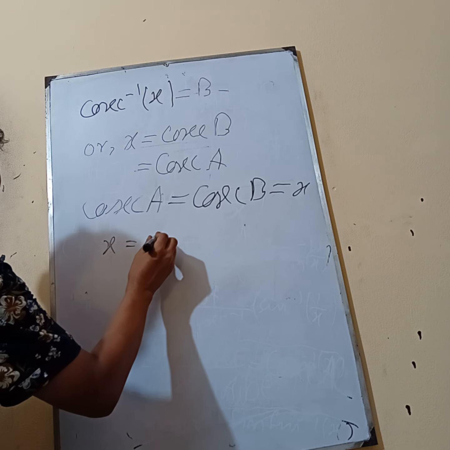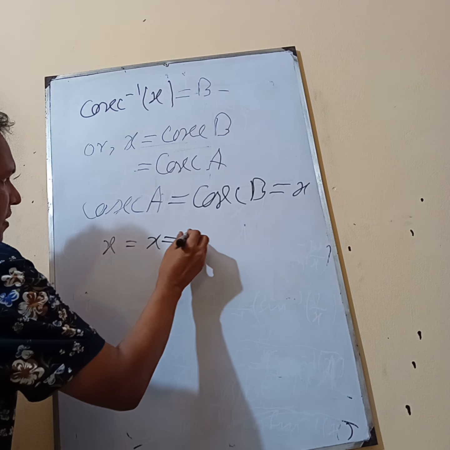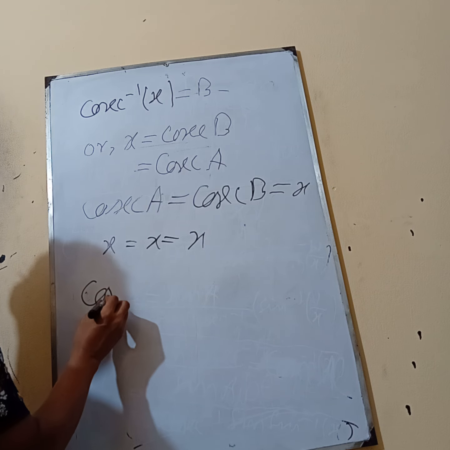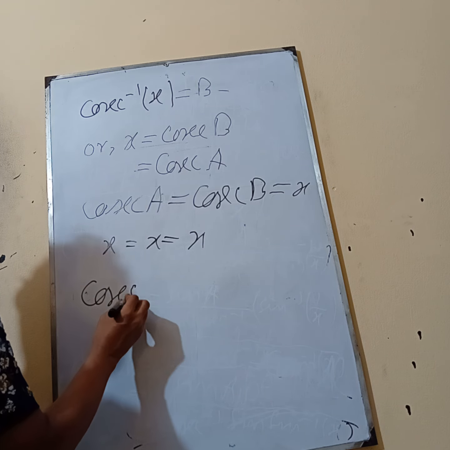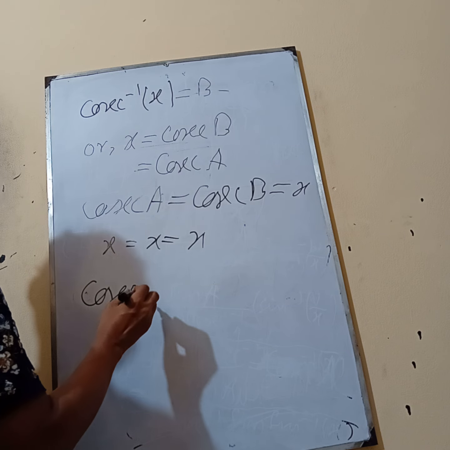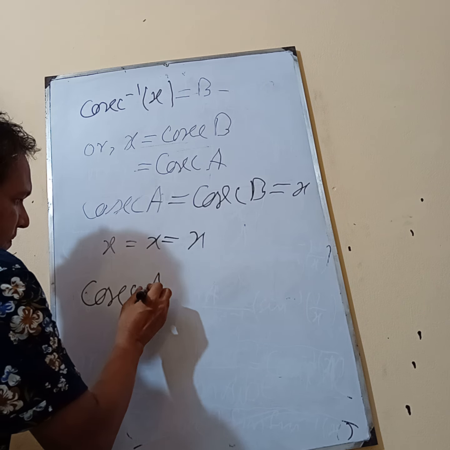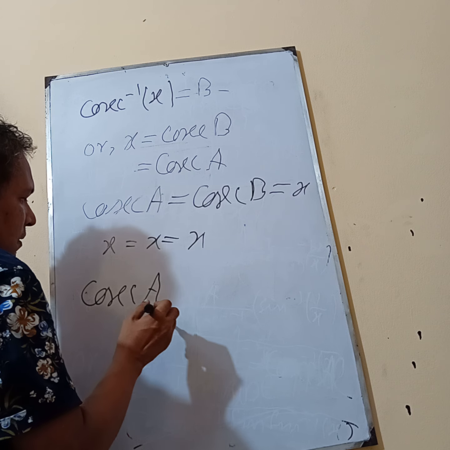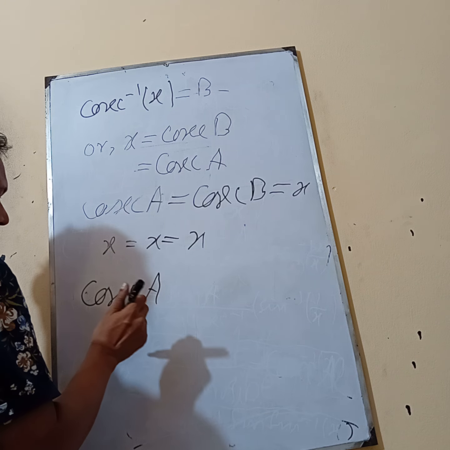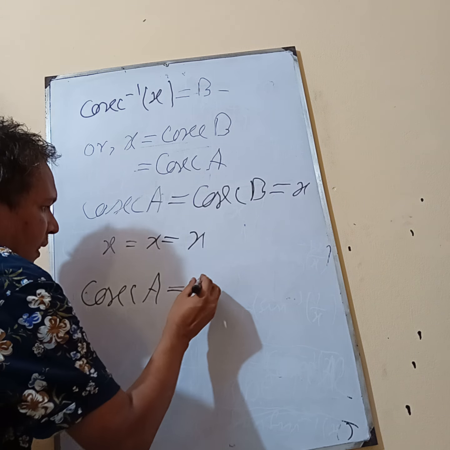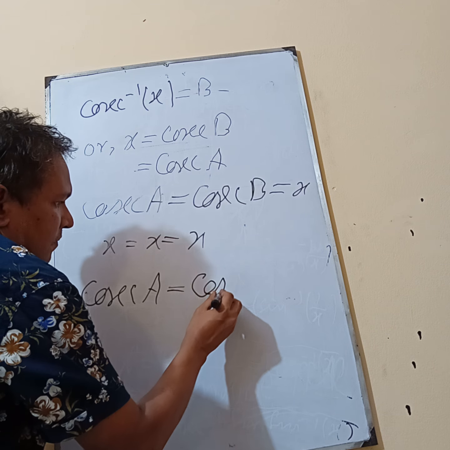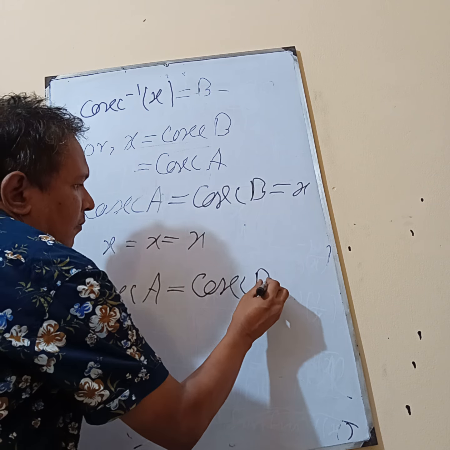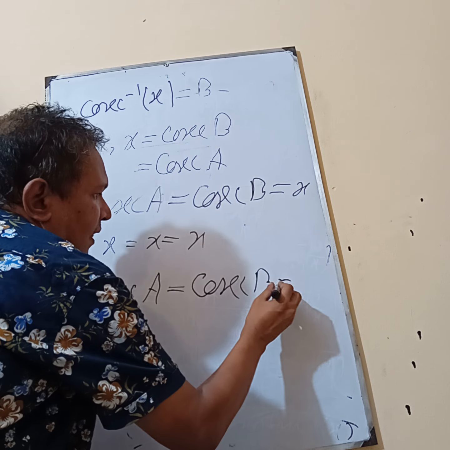Now cosec a is equal to cosec b is equal to x.